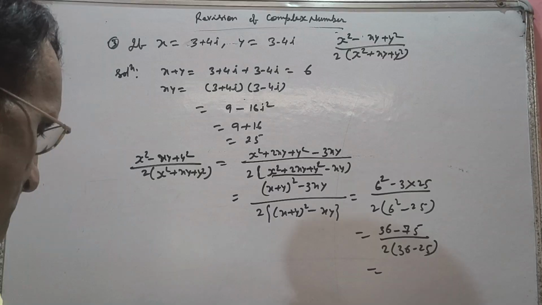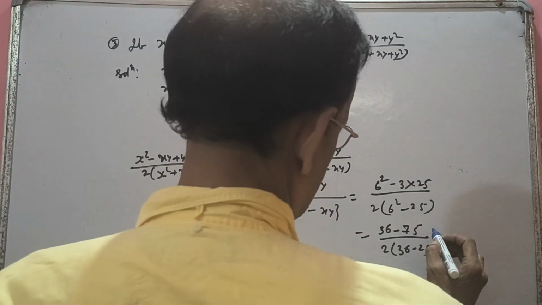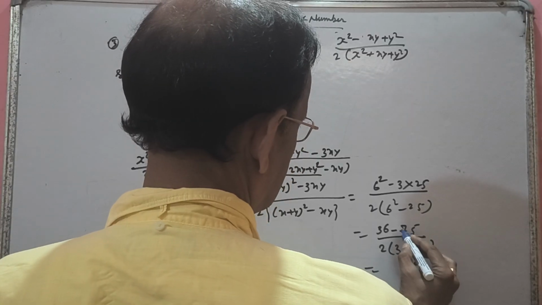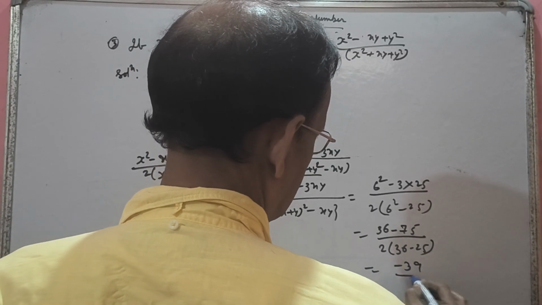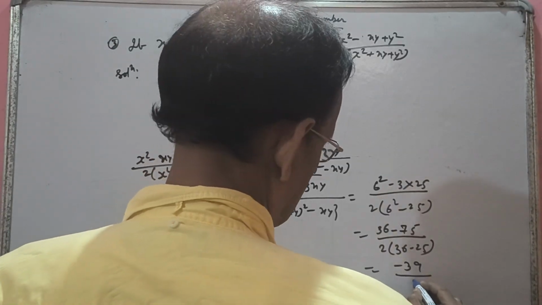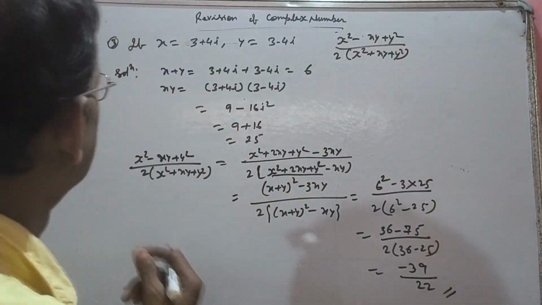So how much will we get? Minus 39 here, and 72 minus 25 is 47... the answer is 22. So this is the answer for number 3.